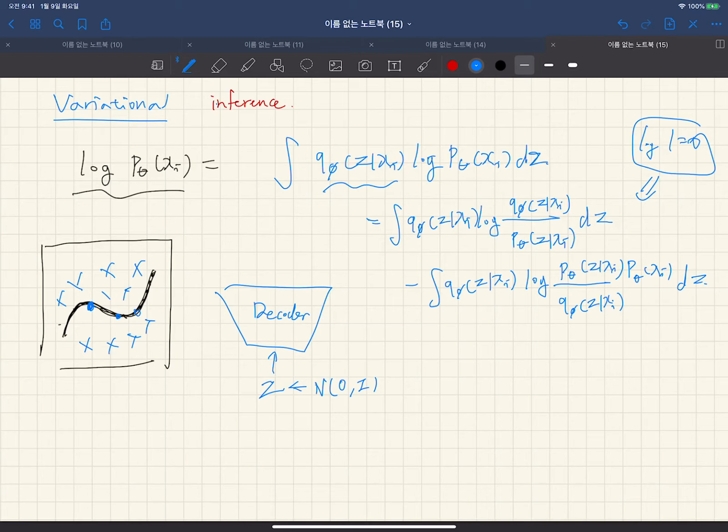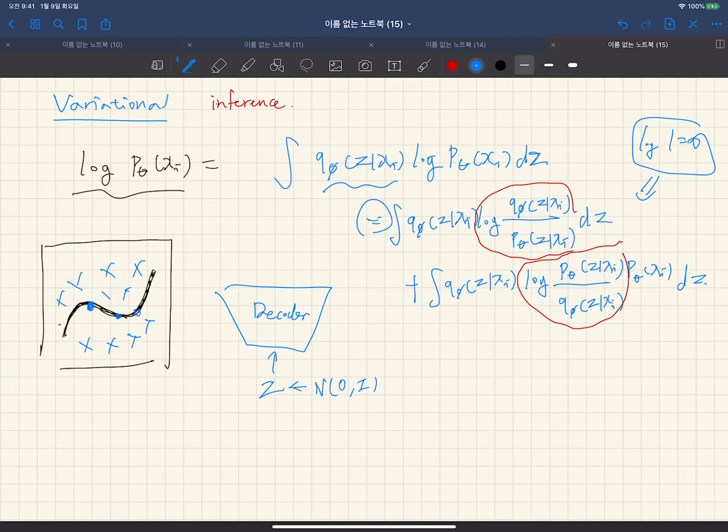So when you look at this part, sorry, here plus, this part is log 1. We use log 1 equal to 0 to derive this equality.